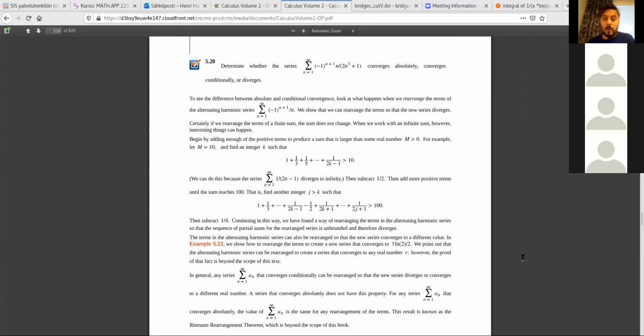So I'll just write it into the chat window. n over 2n^3 plus 1 is smaller than n over 2n^3, which is 1 half times 1 over n squared.